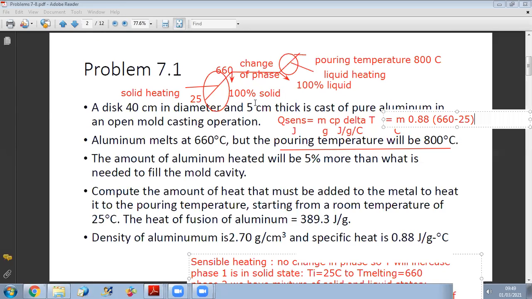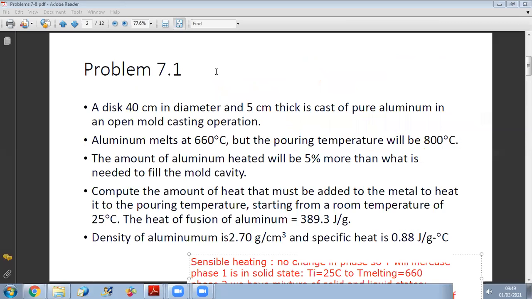Now, if I calculate the sensible liquid heating, so as we have seen, Q solid heating is equal to M times 0.88 times 660 minus 25.